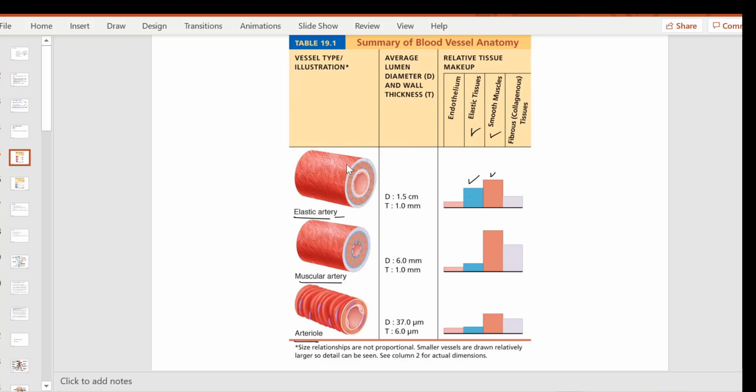If you compare the amount of elastic tissue between the muscular artery and elastic artery, in elastic artery the amount is more. If you compare the amount of smooth muscle in the wall of elastic artery and muscular artery, in the wall of muscular artery the amount of smooth muscle is more than the elastic artery, right?